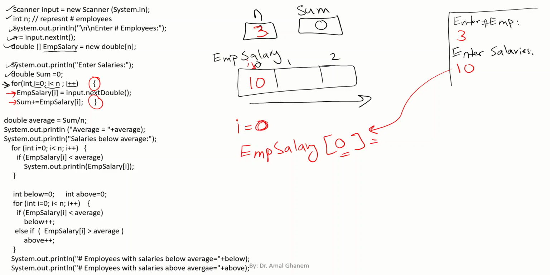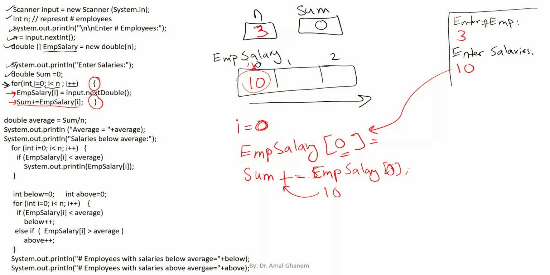Also, I have to say sum += employeeSalary[i]. So we will say sum plus equals: go to the array employeeSalary at location i, and currently i is 0. So go to employeeSalary location 0, which we have just saved as 10.